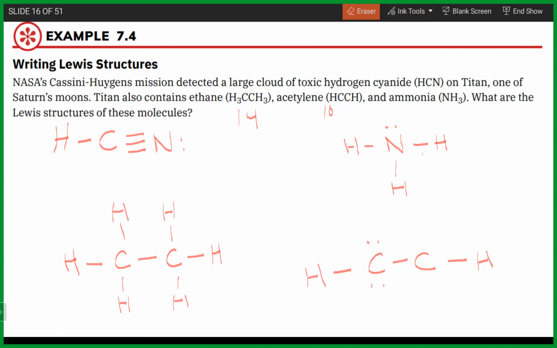So what we're going to have to do in this case is just take those lone pairs and actually use them as a double bond and then a triple bond. Because now when we look at this structure, each of those carbons is getting 6 electrons from that triple bond. And then they each have a single bond with hydrogen to get the 7th and the 8th. So now each of these atoms has a full valence shell. We've used the correct number overall. And again, the formal charges for carbon and hydrogen in this one would just be 0 as well.